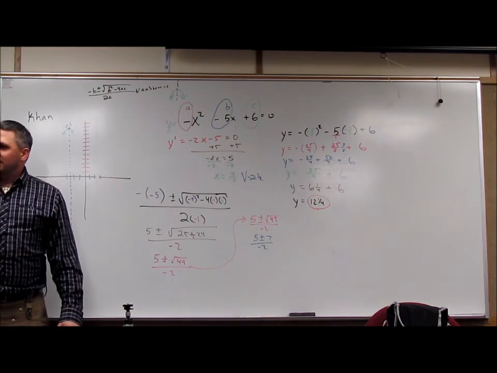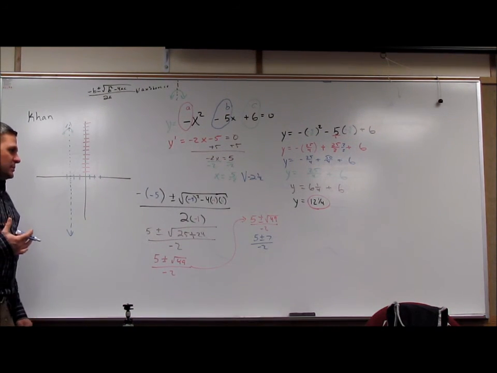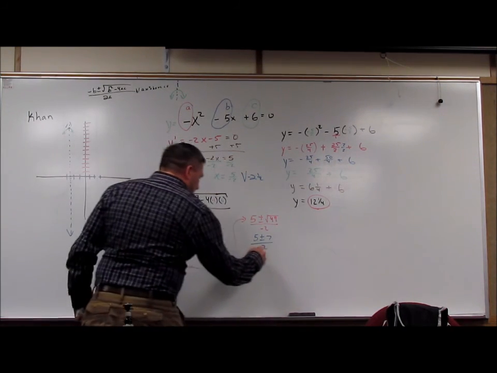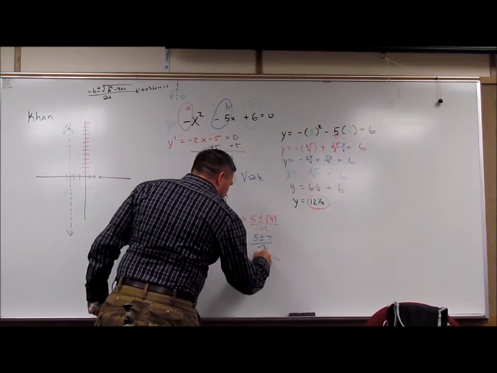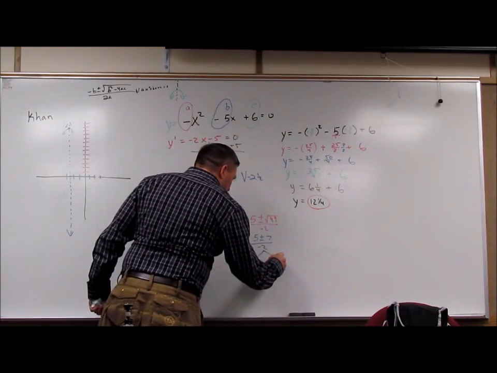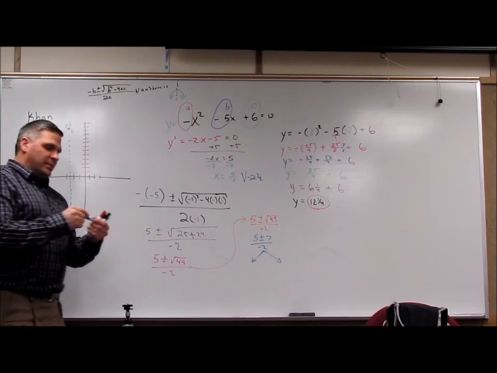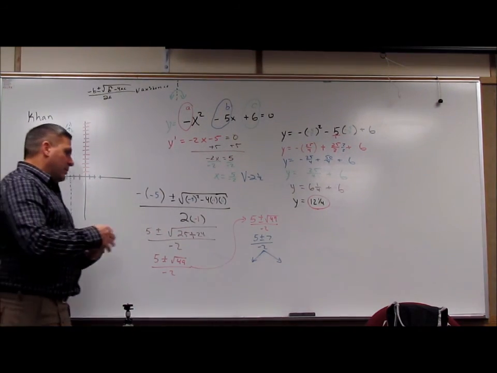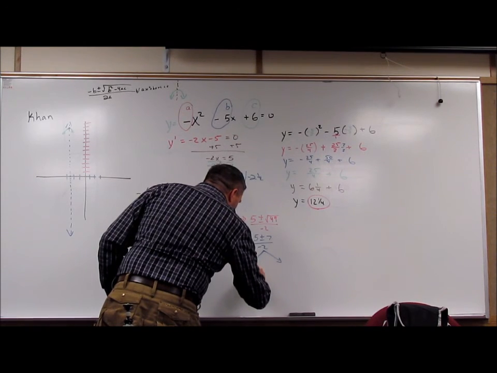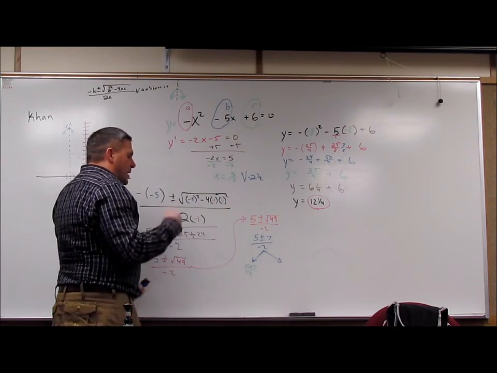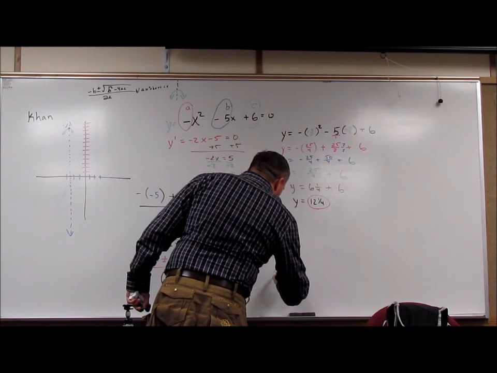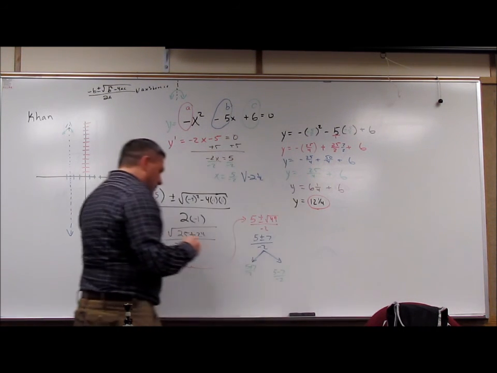So now I have a plus or minus, so it's going to be separated into 2 answers, right? One I'm going to add, 5 plus 7 divided by negative 2. And the other I'm going to subtract, 5 minus 7 divided by negative 2.